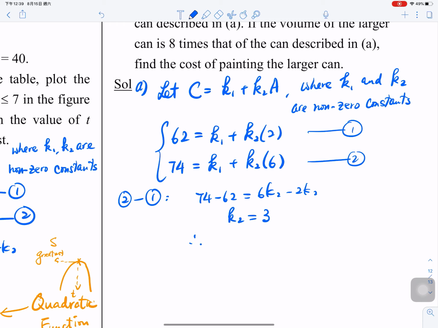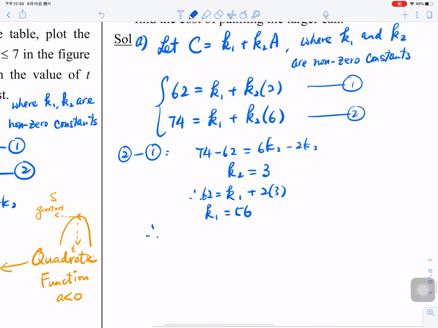Then how about K1? Maybe 62 equals K1 plus 2 times 3. So K1 is 56, right? The result is C equals 56 plus 3A. K2 is 3, K1 is 56.